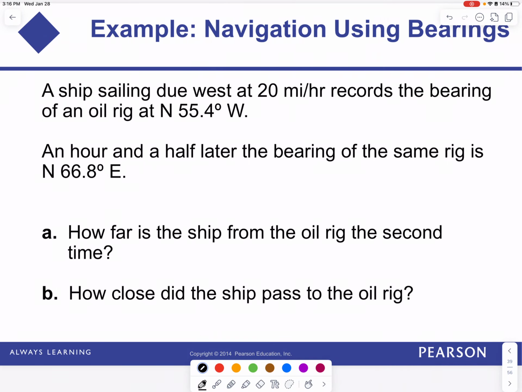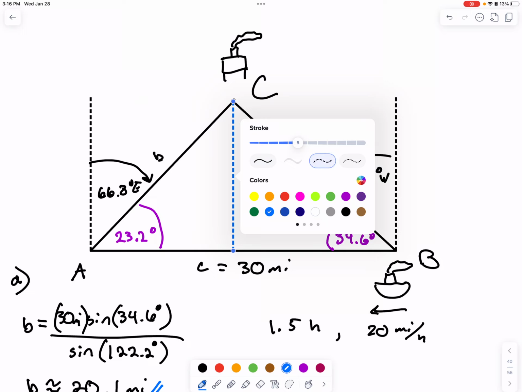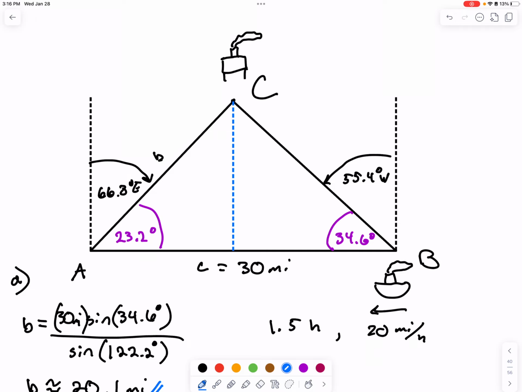And then for question B, how close did the ship pass to the oil rig? In other words, they're asking for this altitude here. So in our triangle, that would be H. Okay.